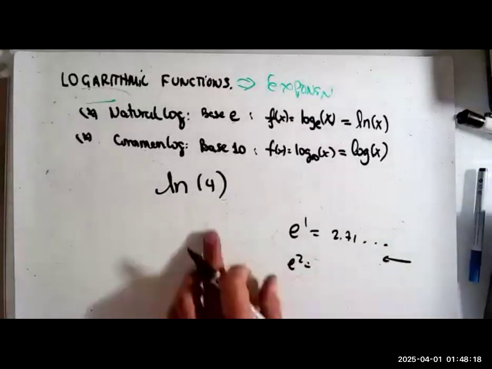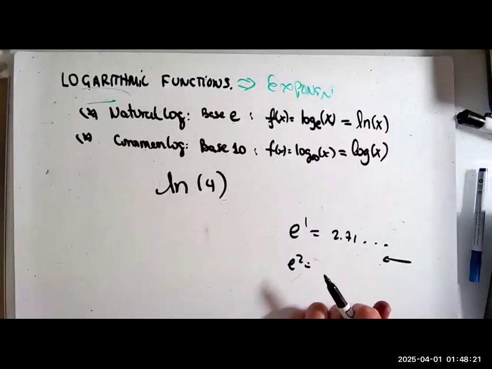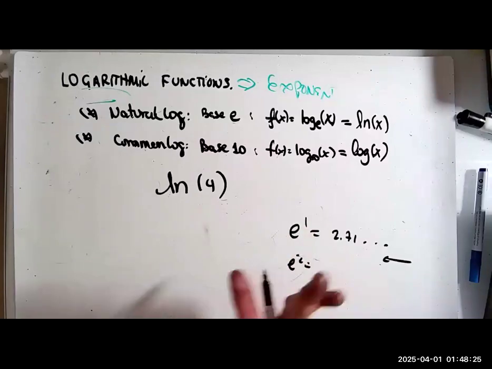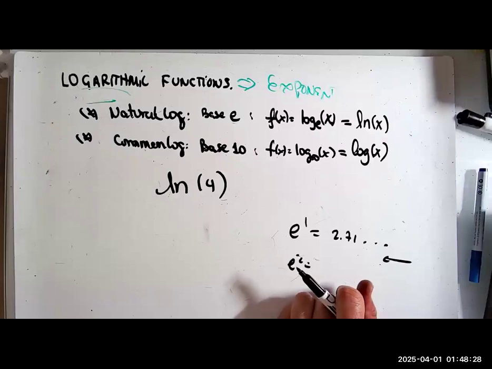So ln of 4 is somewhere in between. That would be e to what number gives me 4. The answer will be given by the calculator.